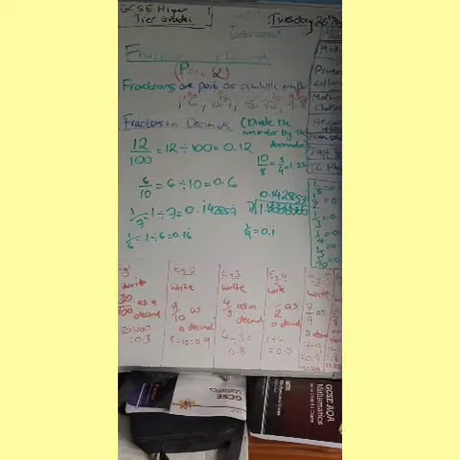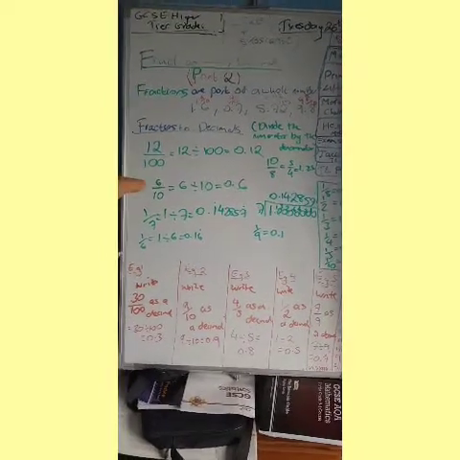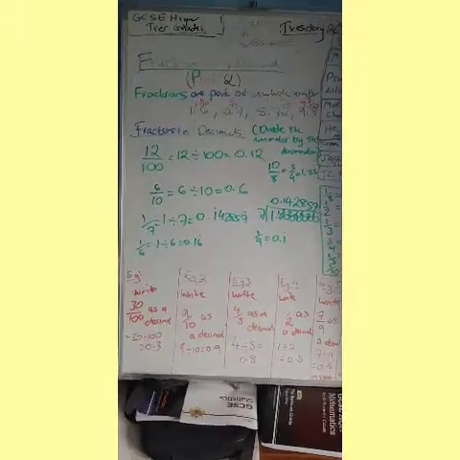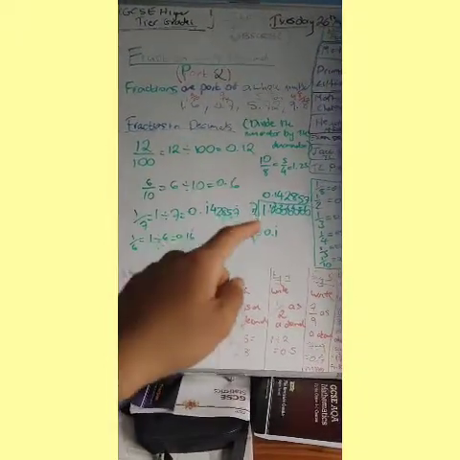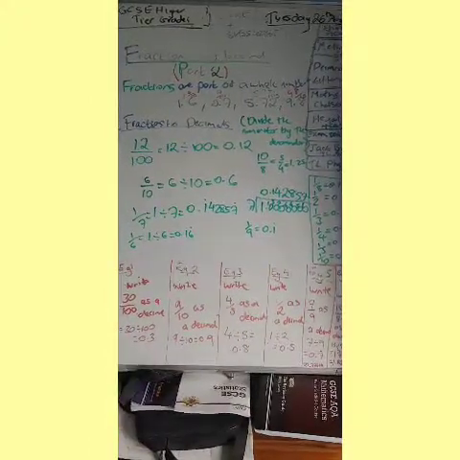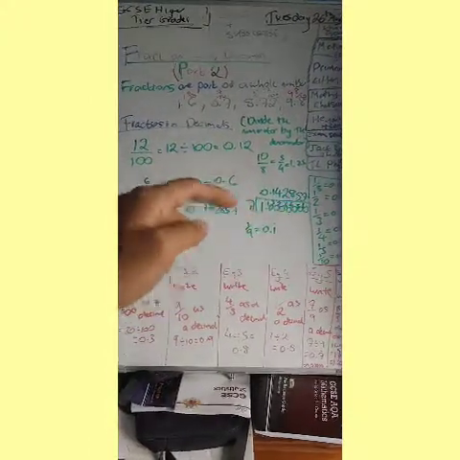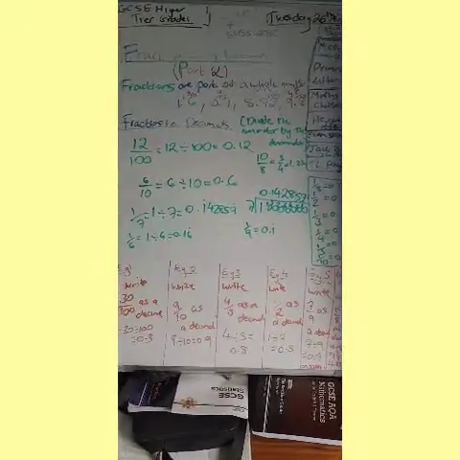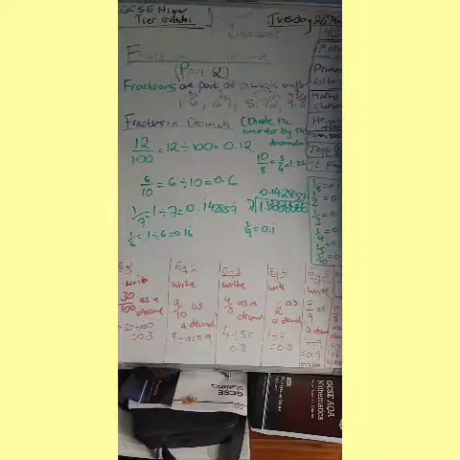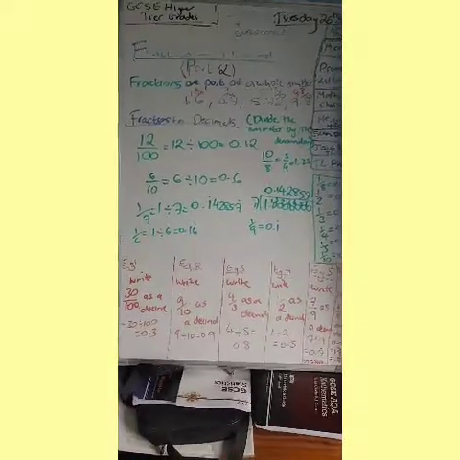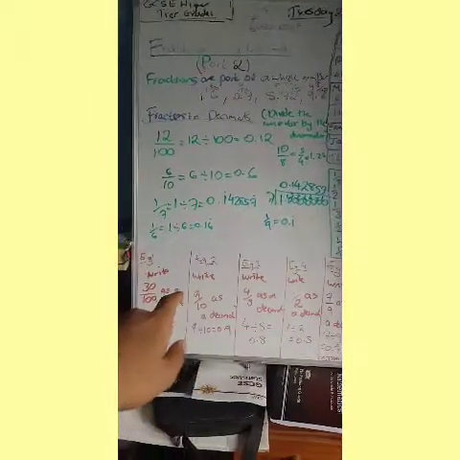If it's a calculator, you will just type in 12 divided by 100 and it will give you the answer. If it's a non-calculator, then you might have to use the bus stop method to work out your answers. It's quite an easy thing to do. I have done a video on the bus stop method as well, so I will put that in the description below.